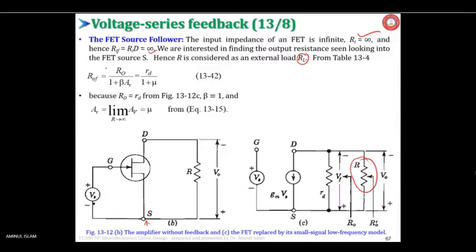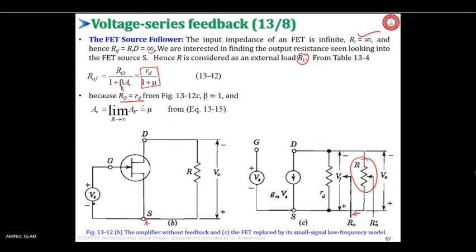So ROF can be expressed as RO by 1 plus beta AV, which will give you the expression RD by 1 plus mu. Remember that beta is 1. Because RO equals RD, looking at this point, on the left side you have RD.